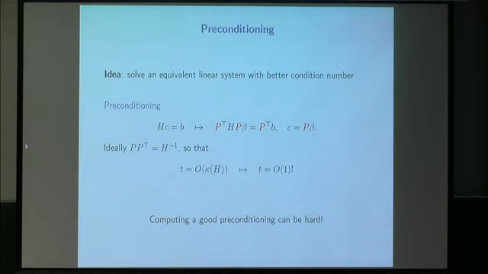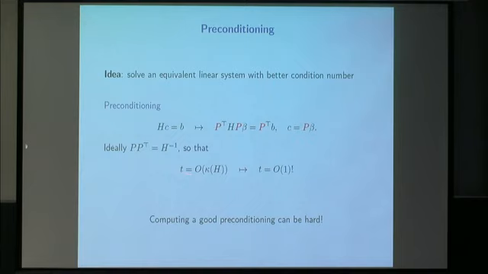What we decided to do is to precondition this problem. If you precondition a problem, I just recall a few things. You find an equivalent linear system from which you can recover the original solution, but such that the matrix has a condition number that is close to 1.